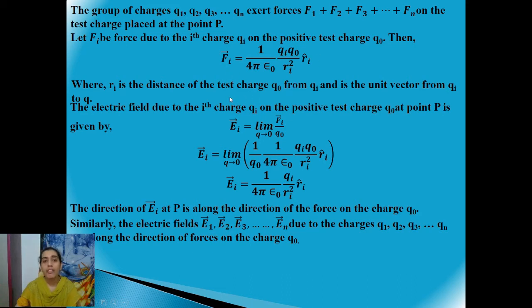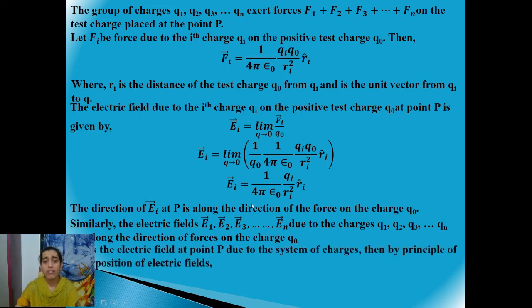After that, the electric field due to that ith charge is calculated, just by substituting in this definition, that is vector ei equals limit of q tends to 0, vector fi divided by q naught. If you substitute the value of fi vector here, you will get the final expression of ei vector, that is the electric field due to the ith charge on the test charge.